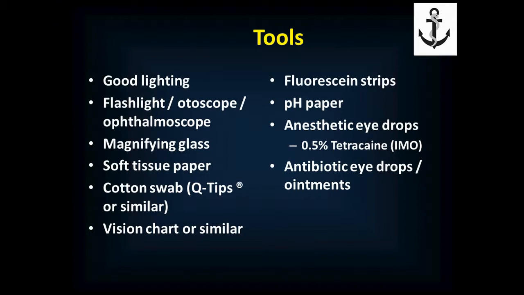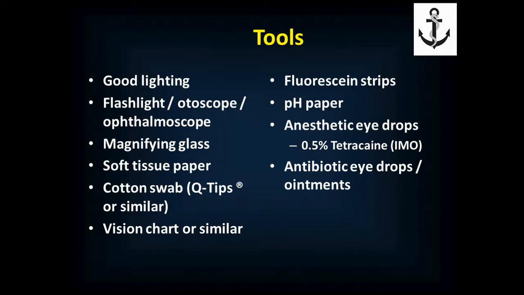A magnifying glass is very useful, particularly if you have a pair of loupes that you'd use to work on electronics, or the little jeweler's magnifying glasses that flip down and that are hands-free. Those are very helpful, so you have both hands available to work. You need soft tissue paper because you're going to make the patient tear up. Cotton swabs like Q-tips or something similar so that you can avert the eyelid and also for removing foreign bodies.